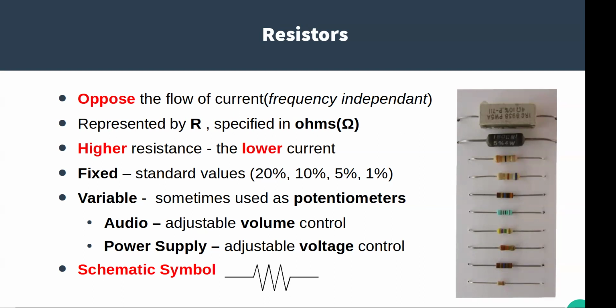Sometimes we have a variable resistor. We call them potentiometers in a lot of cases. They're used in the audio world as a volume control, or at least they used to.